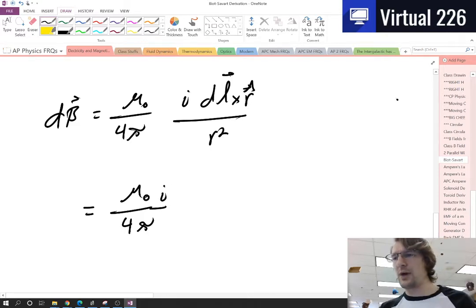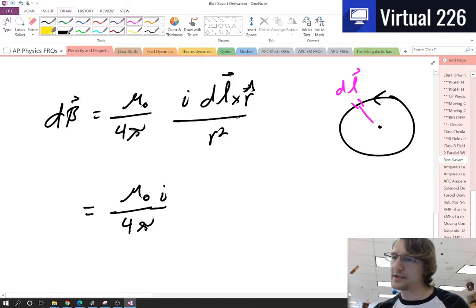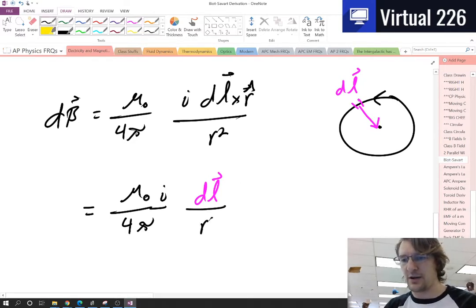Well, if we have a wire loop and we're going around it with a current, for each tiny piece of dl we are always perpendicular to the center there, which means that our sine of theta is always going to be 90. So dl cross r in this case is actually just going to be dl, because it's a dl sine of theta term, and that sine of theta is always 90. And then we're just going to divide that by r squared.